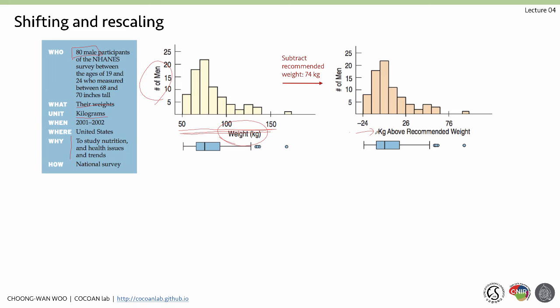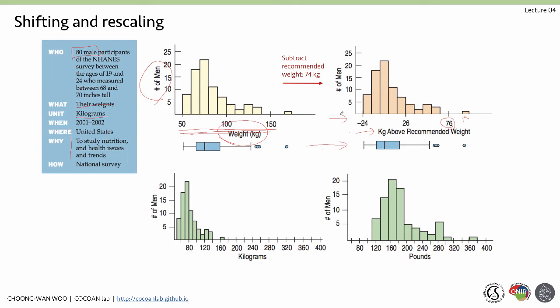The meaning of the x-axis changes, right? Now it's kilograms above recommended weight. So you can easily see that this person, for example, is far above the recommended weight. But the distribution is the same, it's just shifting the values, just subtracting some constant from the data. By doing that, the distribution is just shifted.